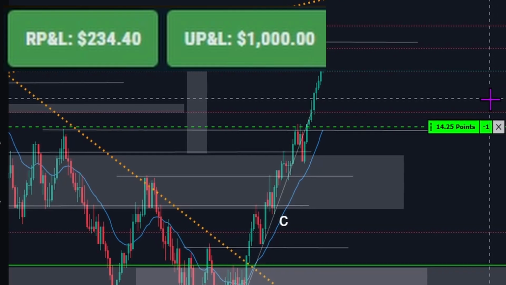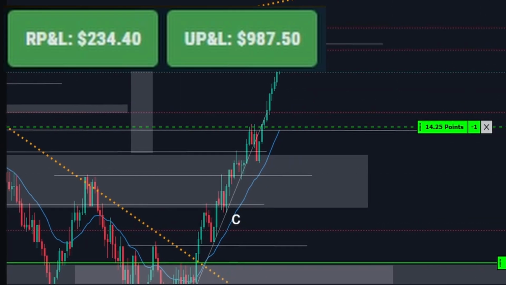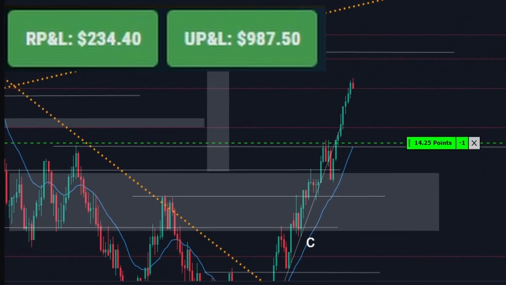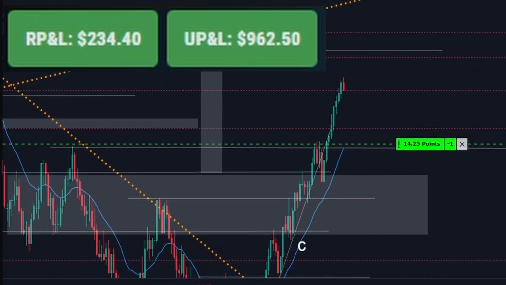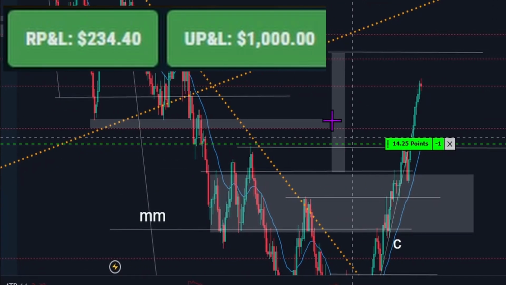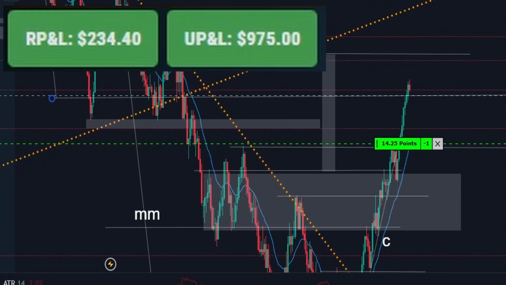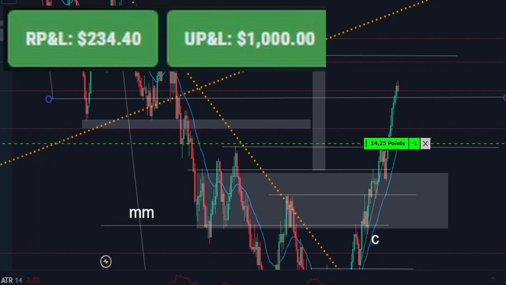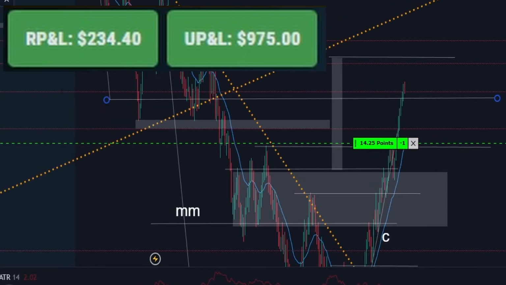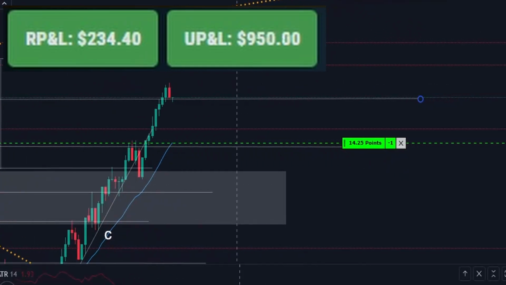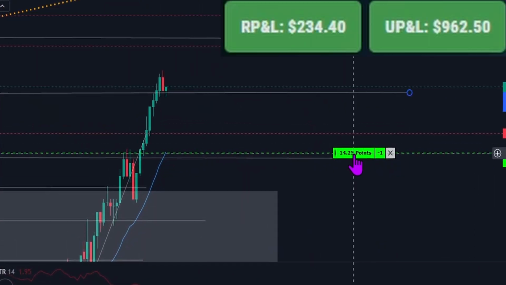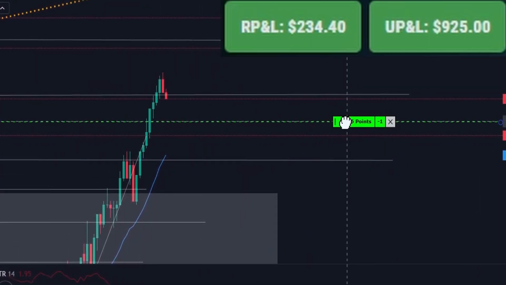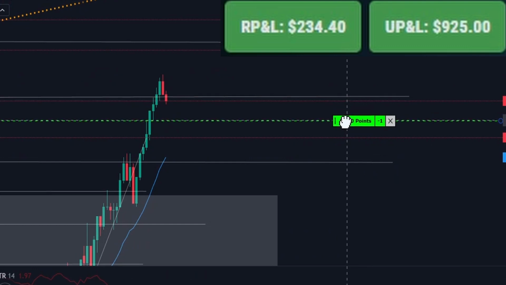Okay, that's fine. So I'm gonna go now. This is probably going to still not okay. So wow, it's crossing the measure move as well. So it's gonna go to the next POC probably. And I don't want to lose so much.